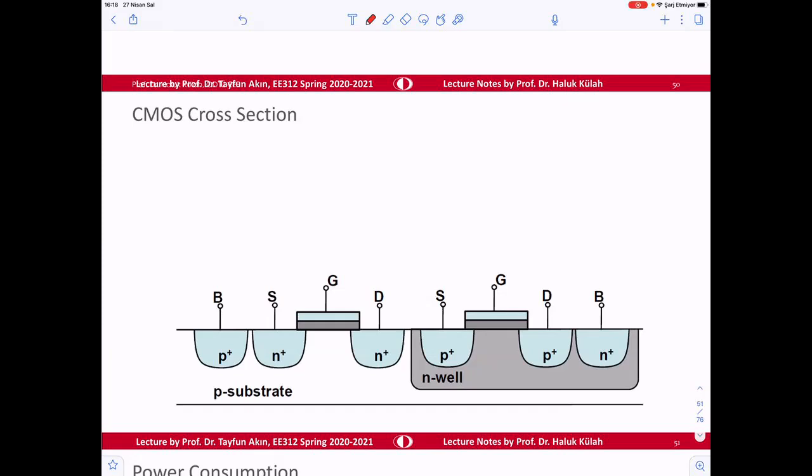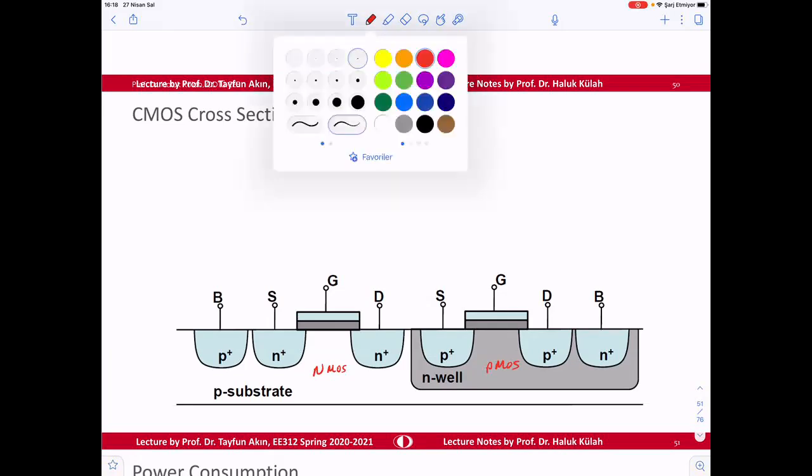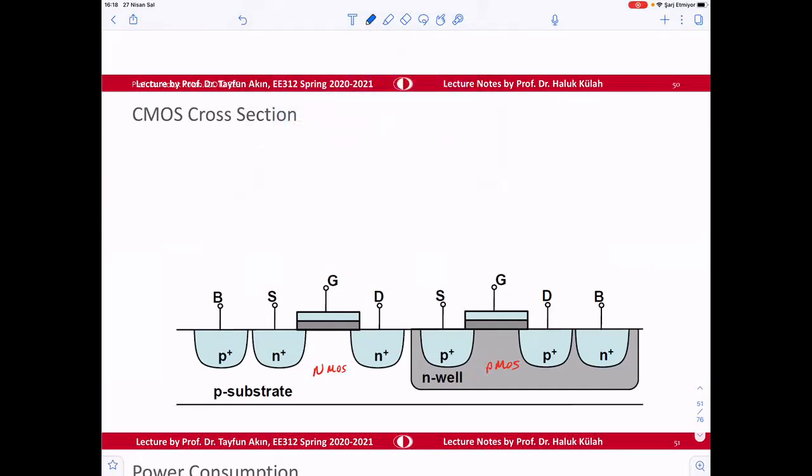So if you look at the cross-sectional view, how to implement these devices, we have this NMOS here, and this one is the PMOS device. In order to connect circuit-wise, now this is the circuit connection.